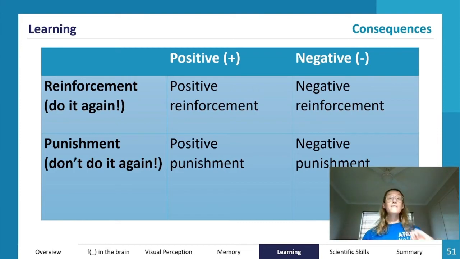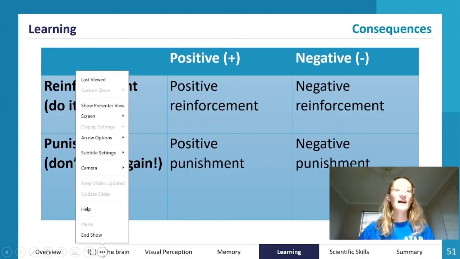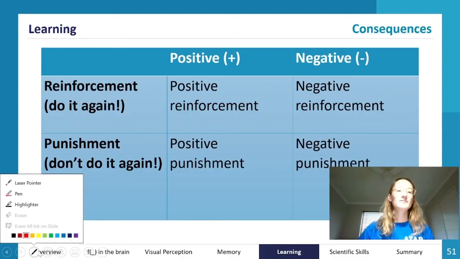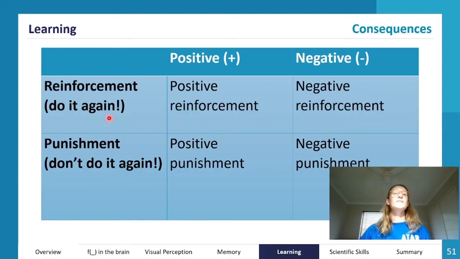So looking at reinforcement. A reinforcer is any stimulus, so the outcome, the consequence, that strengthens or increases the likelihood of a response or a behavior.